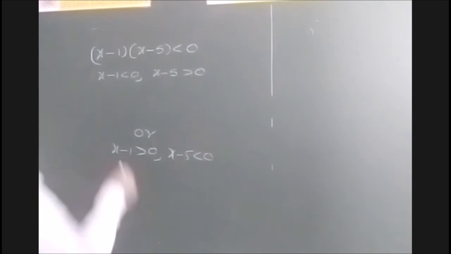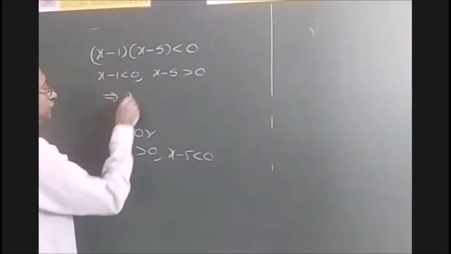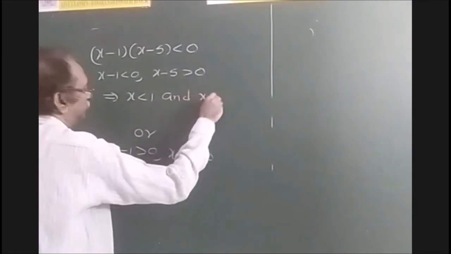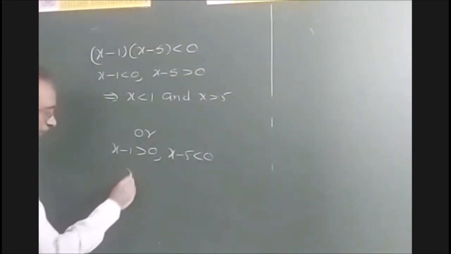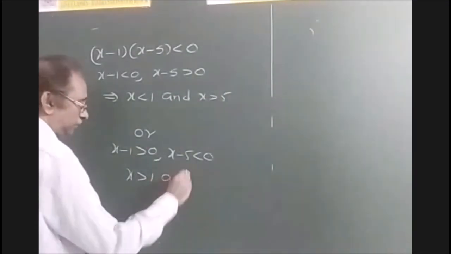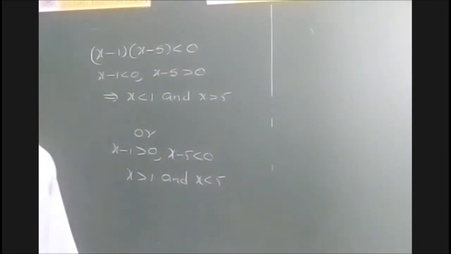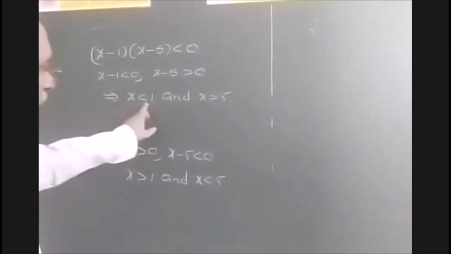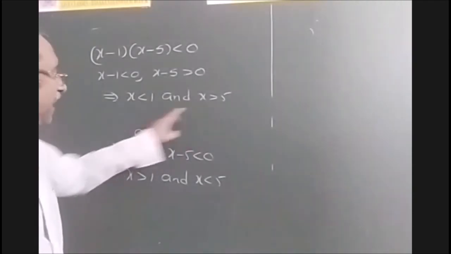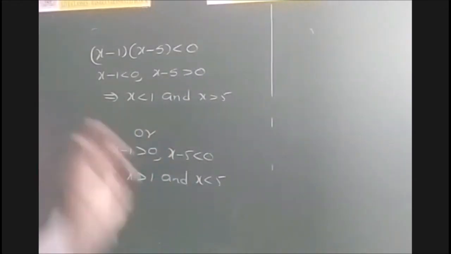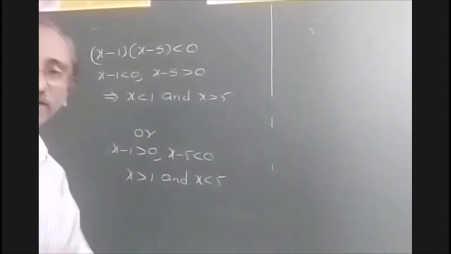That implies x less than 1 and x greater than 5 here, and here x greater than 1 and x less than 5. Now you tell me, what are the values of x? In the first case, x must be less than 1 and greater than 5.